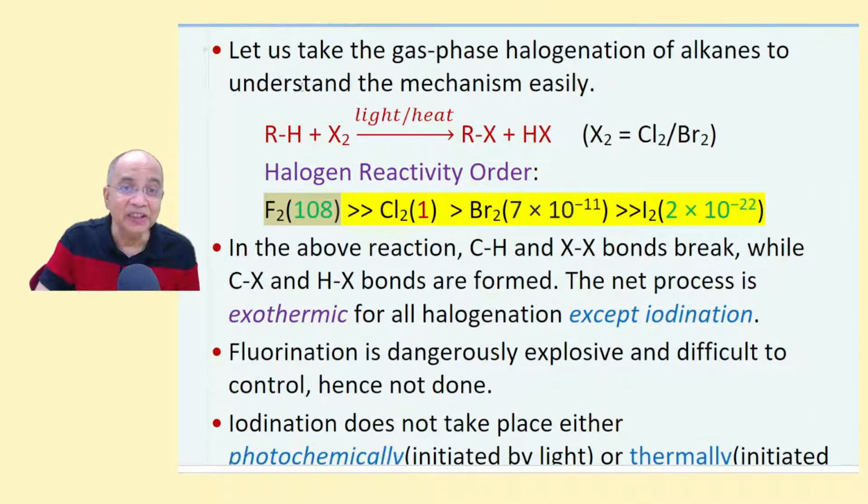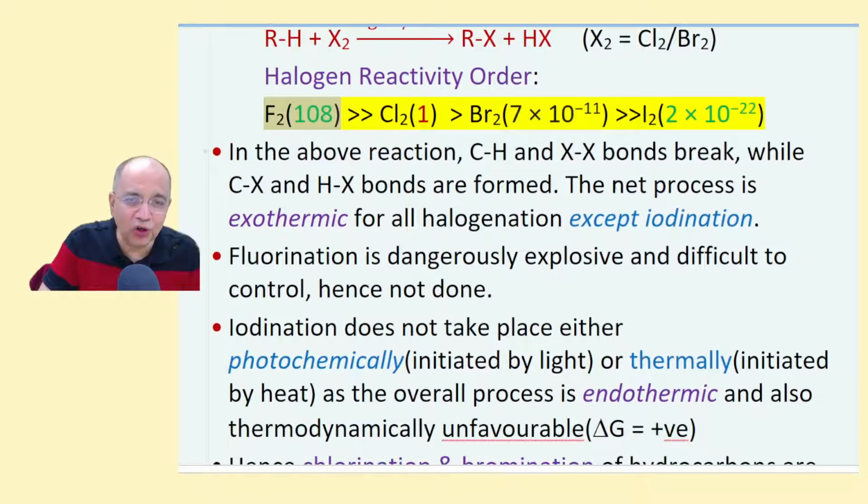In iodination, the overall process is endothermic, but in fluorination, chlorination, bromination, the overall sum is negative, because more energy is released than is invested. This is negative because the bonds are formed, the energy is released. This is positive because it is invested, absorbed. So the sum total is negative for all halogenations except iodination.